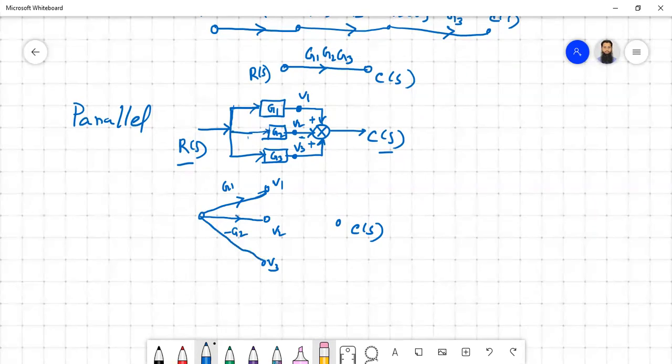This is your G3, and this is your RS. Now, what about the output? How will they be connected? In the summing junction, it is generally based on your value. Instead of taking the minus sign here, we can also take it as a gain value. If it is a plus, then it is 1. If it is a minus, then it is minus 1.